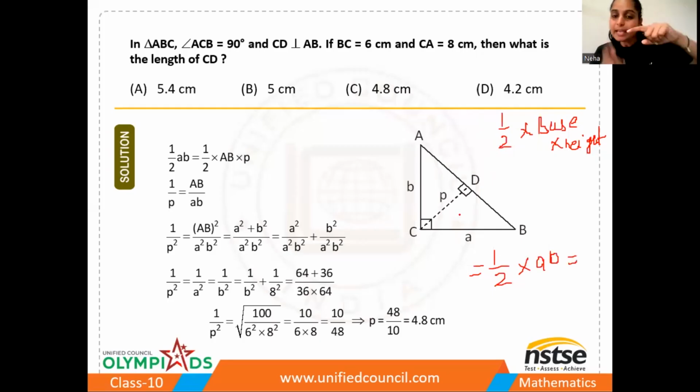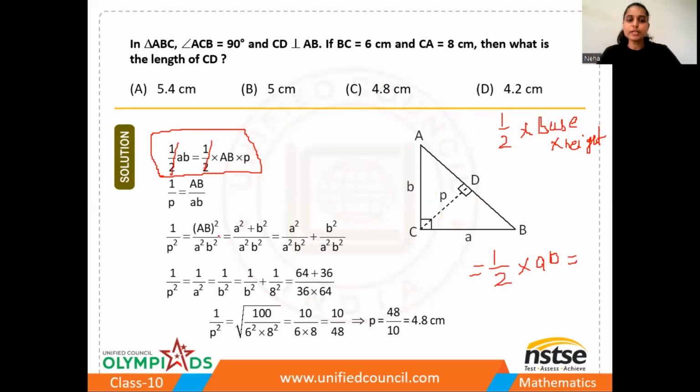And if I'm taking AB as base, then in this condition, CD is the height. So I can say that this is half of AB into CD, right? If AB is the base, then CD is the height. So half and half will get cancelled out.